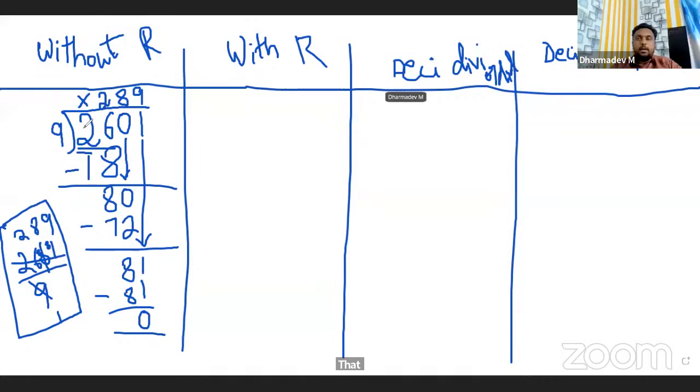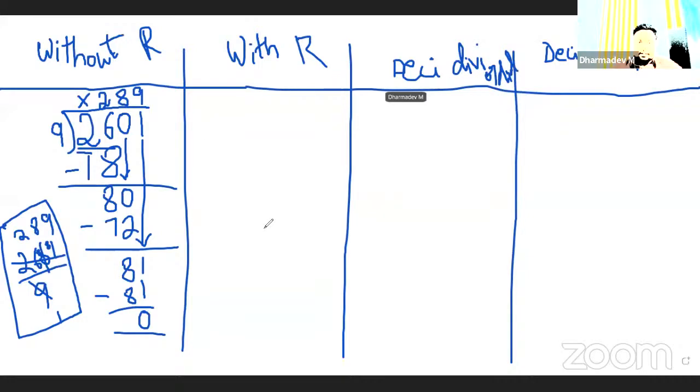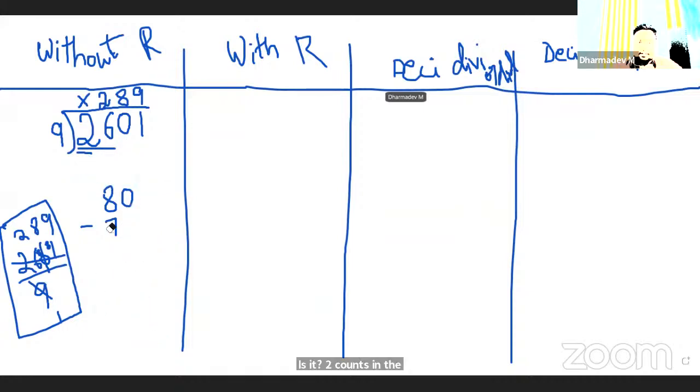Now, when I take the first number 2, is that bigger than the other numbers, or does this 2 come in the 9 times table? Does that 2 come in the 9 times table?